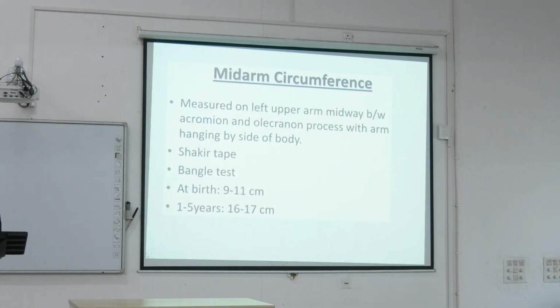Now mid-arm circumference. How do we measure it? Mostly on the non-dominant hand. We call it the left hand, but it is the non-dominant hand. So if the child is a lefty, then what will you do? Measure in the right hand, right? We take the measurement from the acromion process till the olecranon process, keeping the hand flexed at 90°.